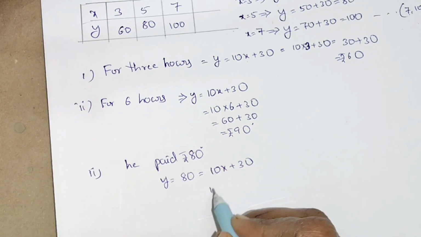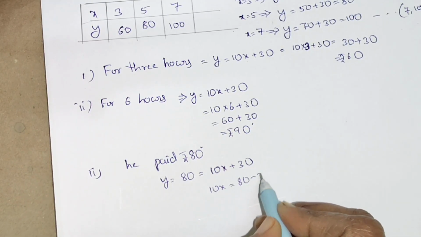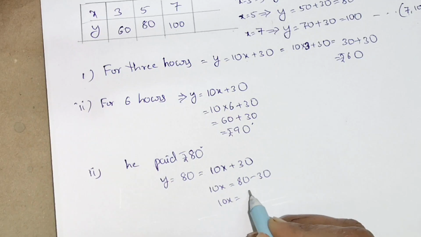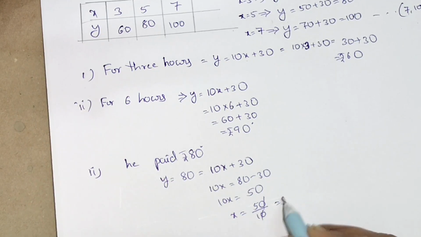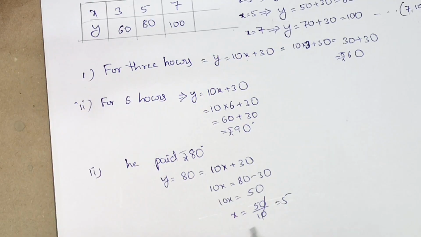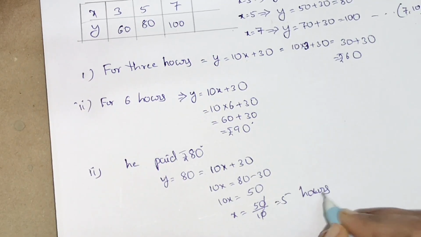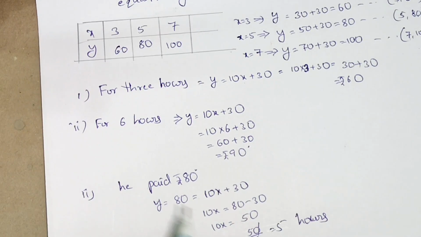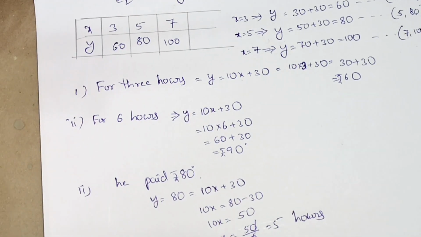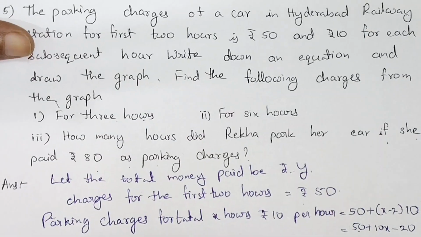So 10x equal to 80 minus 30. So 10x equal to 50. X equal to 50 by 10. The zeros get cancelled: 5 hours. So for 5 hours the parking amount paid is 80 rupees. So this is the complete answer for the fifth one.